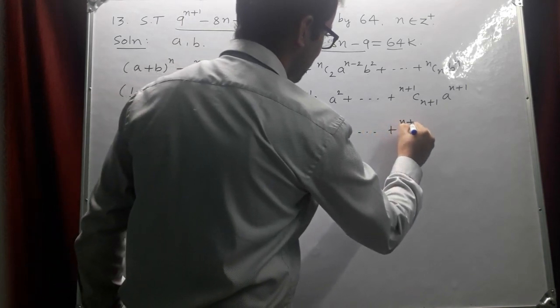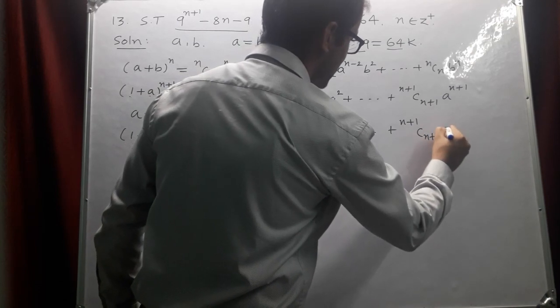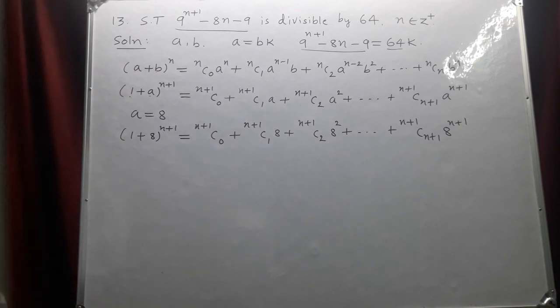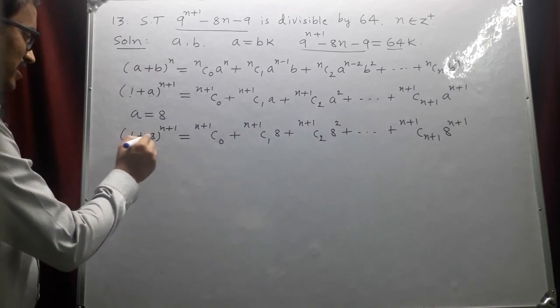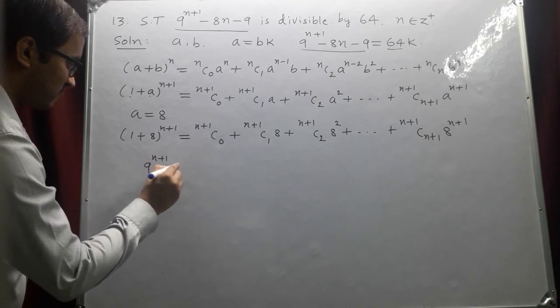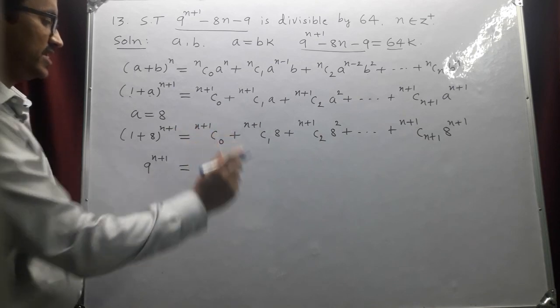The last term is (n+1)C(n+1) times 8^(n+1). Since 1 + 8 is 9, we get 9^(n+1) equals (n+1)C0.